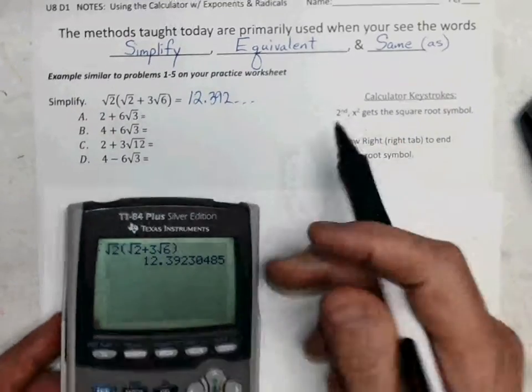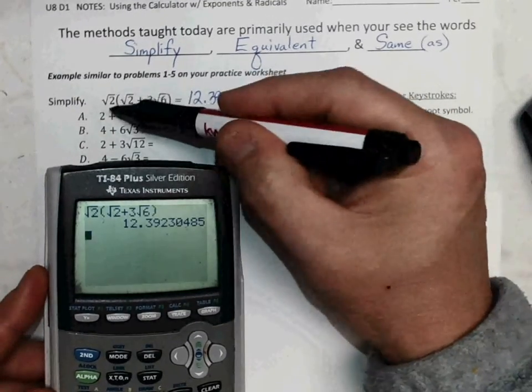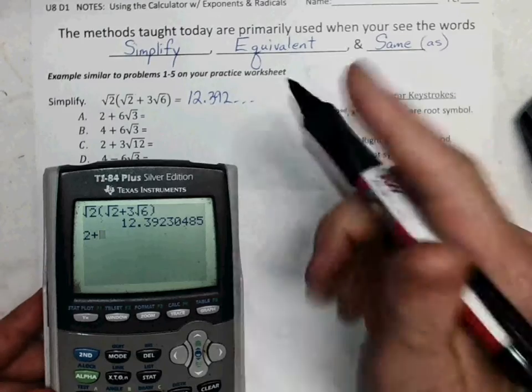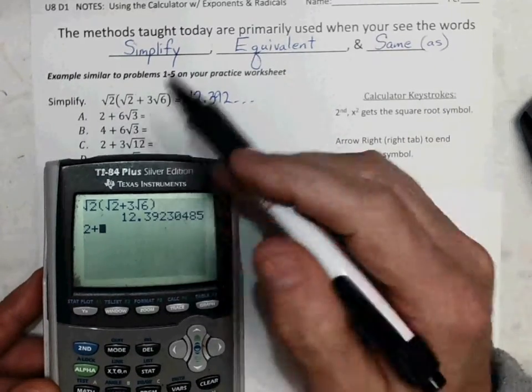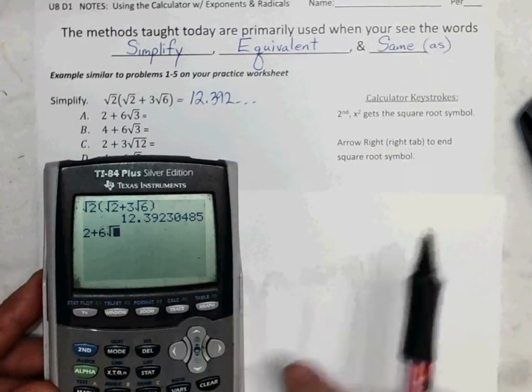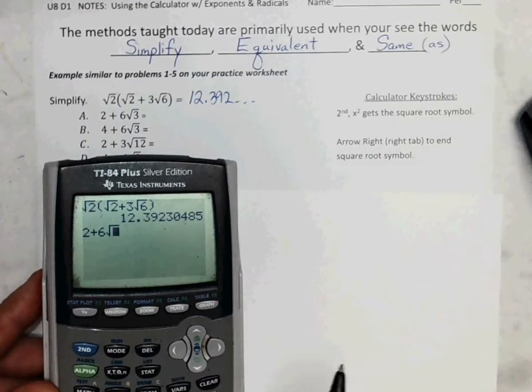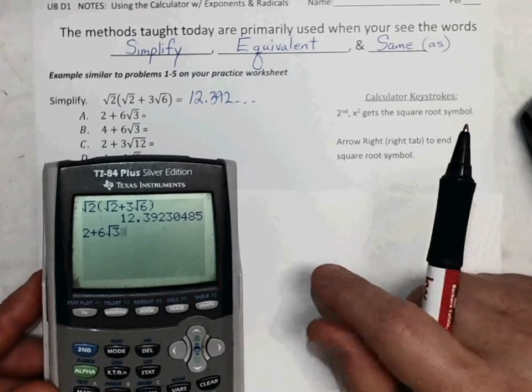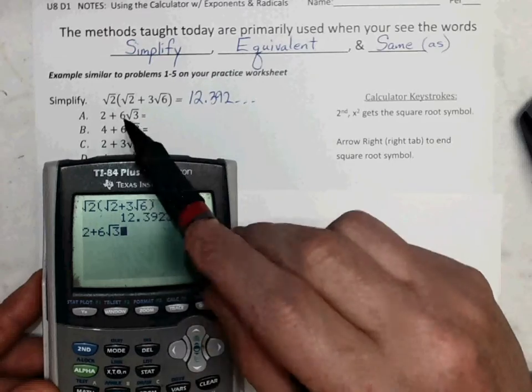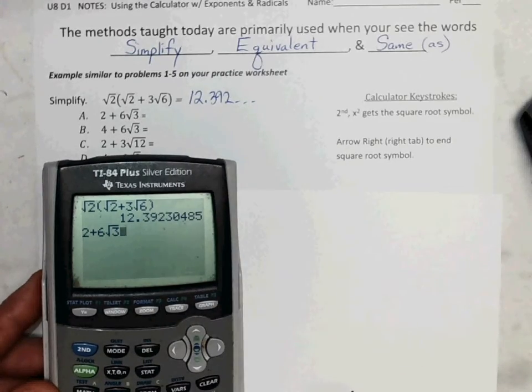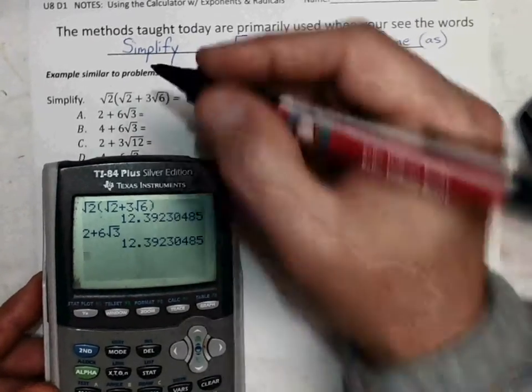I'm going to now look at answer choice A, and I'm going to type it in just like I see it. 2 plus 6 times the square root of 3, and tab out of that. Notice that my answer on my calculator looks exactly like answer choice A. I say, oh my goodness, there it is.